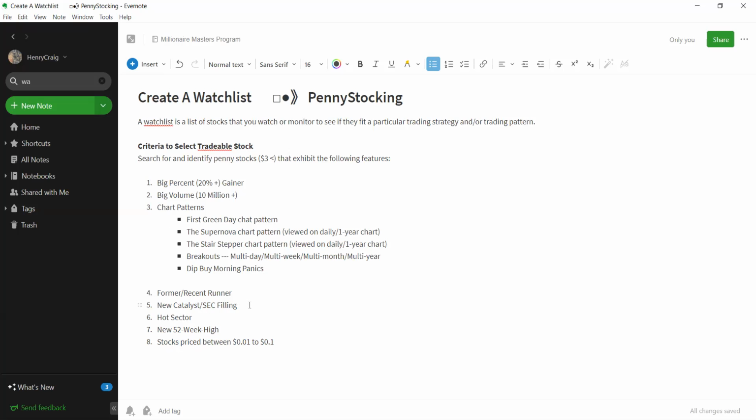We also want to identify if any of the stocks on our list is in a hot sector. Are any of the stocks achieving new 52-week highs? Because that would definitely indicate if the stock will have more potential for breaking out to new highs.